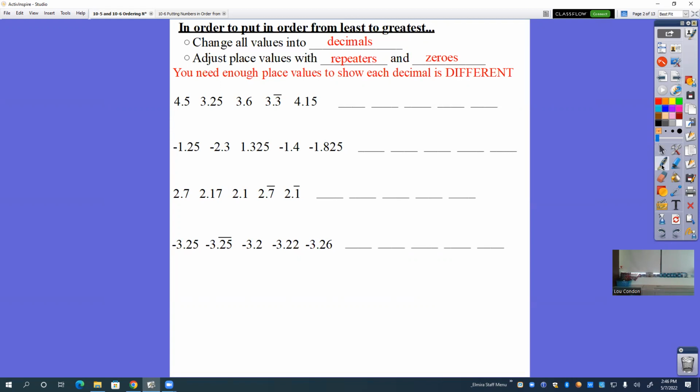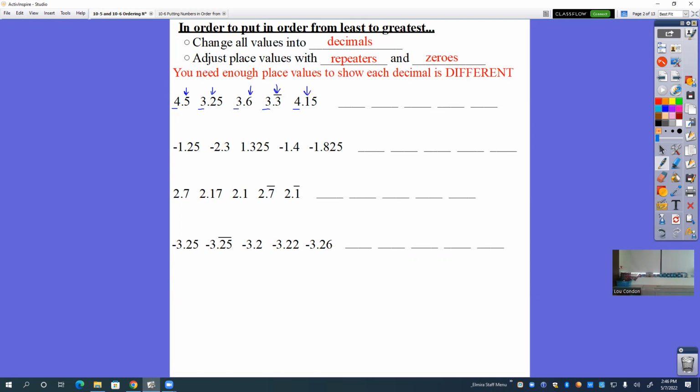Okay, so the first number you want to look at obviously is the whole number, and then look at the first decimal place value.